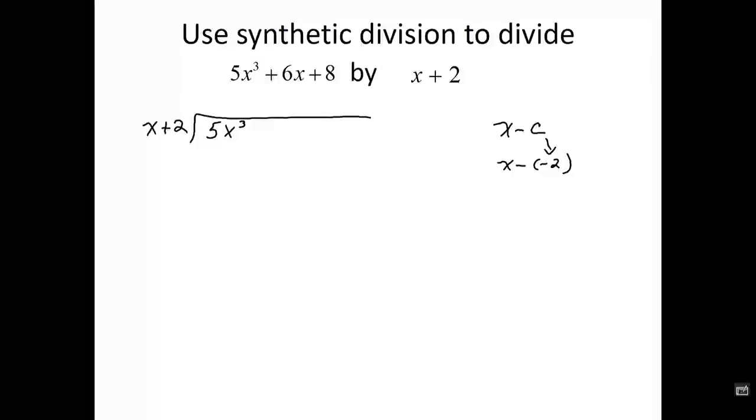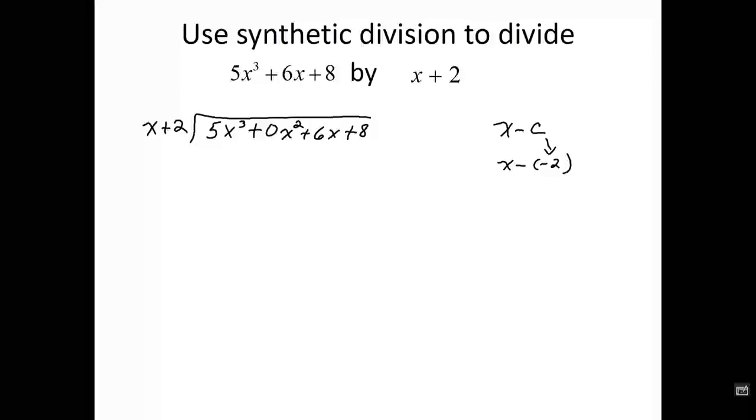If there's a missing term, we include it with a coefficient of 0. For instance, we go from 5x cubed to 6x, so the x squared term is missing. So we add in the missing term with a coefficient of 0. That's 0 times x squared plus 6x plus 8. That's the way we would set the problem up using long division.